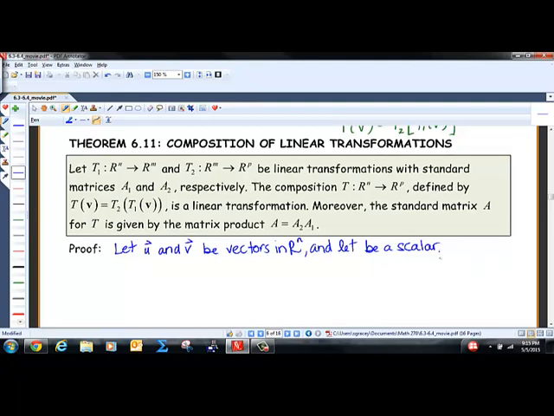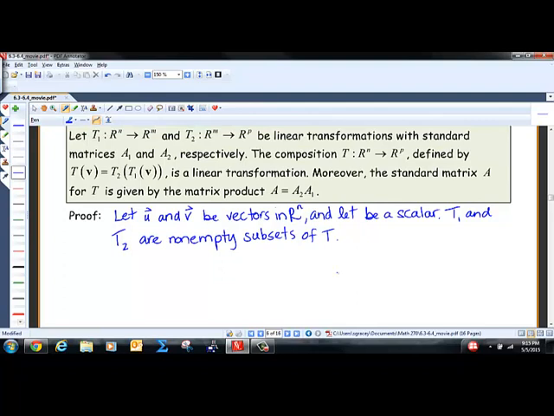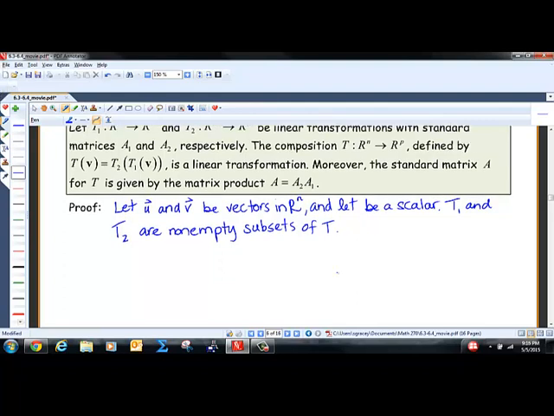We need to note that the parts of the composition, T1 and T2, are non-empty subsets of T. So since we said that we've got non-empty subsets of T, what do we have to show? We just need to show, perfect, closure under vector addition and closure under scalar multiplication.